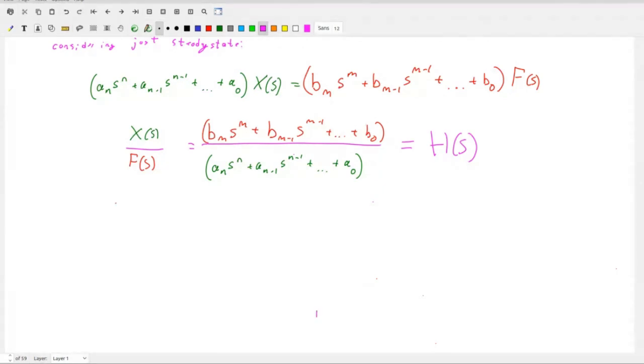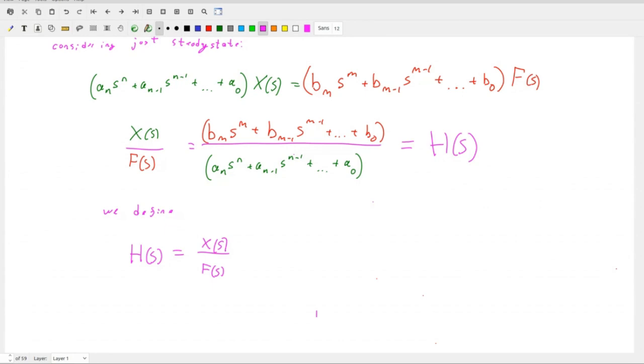So we define h of s as equal to x of s over f of s, right? And it's not a pure ratio, because you can have multiple degrees of freedom, and this is how your output is expressed in terms of your input: it is your transfer function.